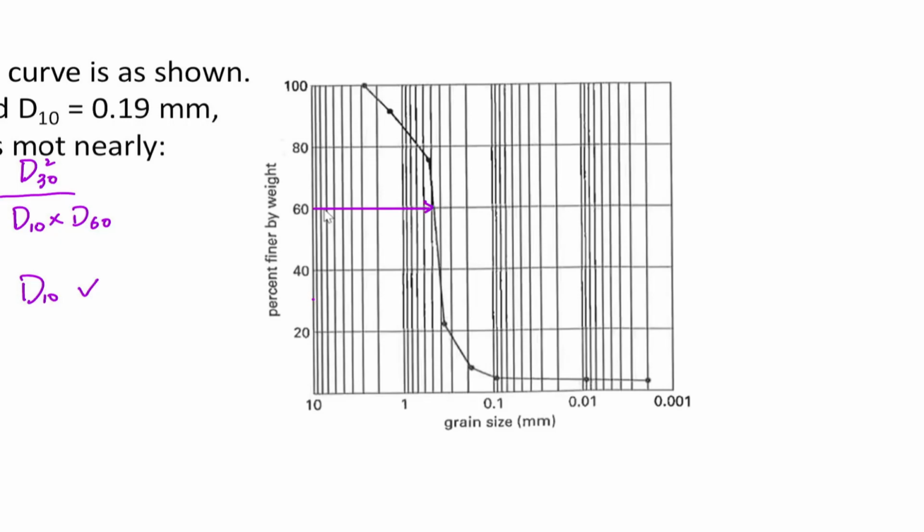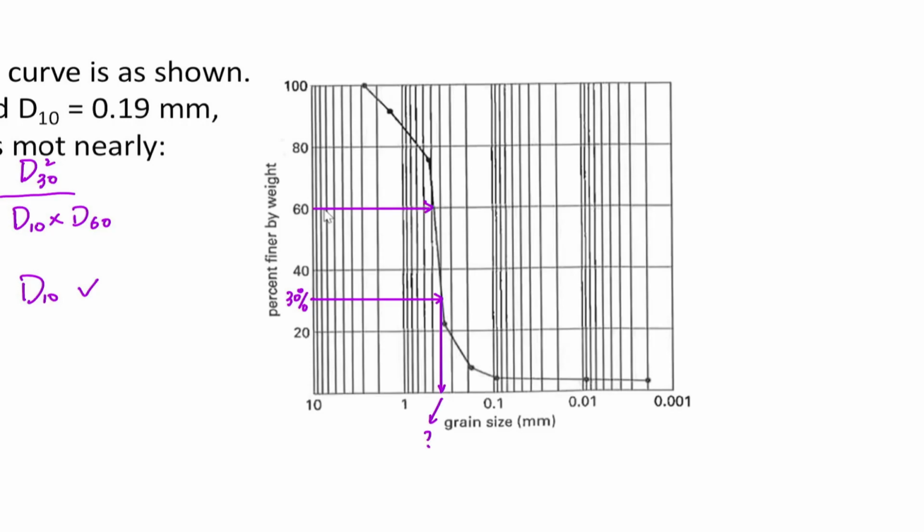So first of all, find that 30% and then draw a line all the way to the curve, somewhere over here, and come down to the x-axis. It's almost here, probably a little bit to the right of this exact line. And then let's find out what this number is.